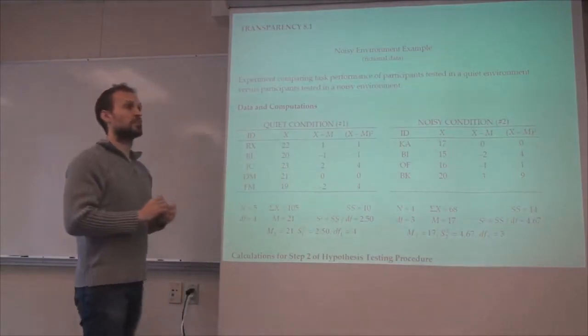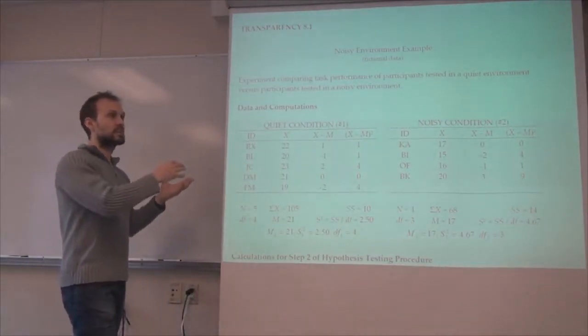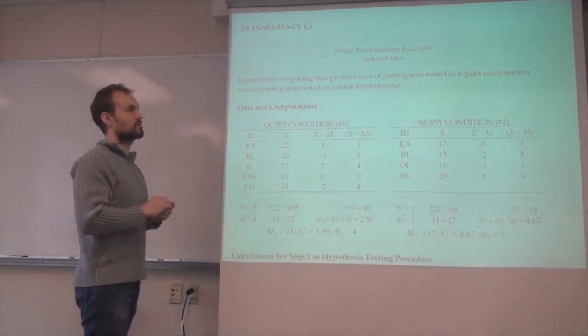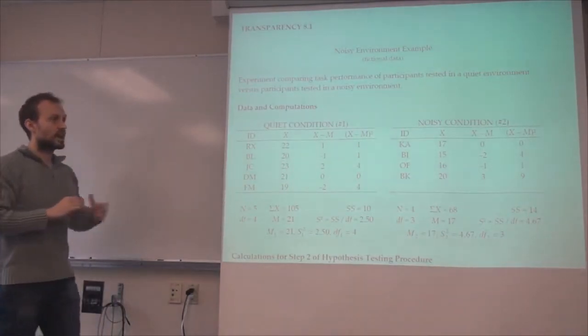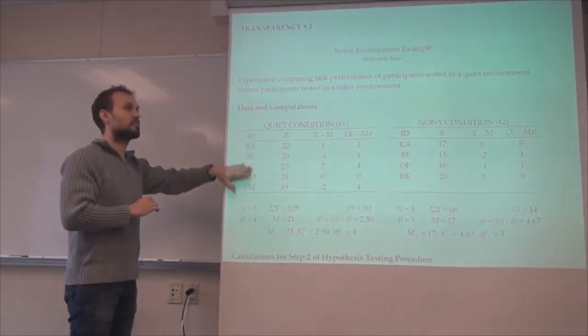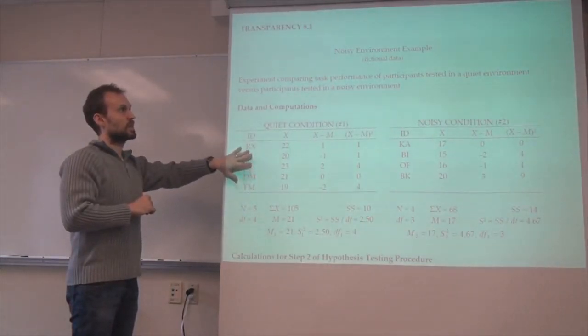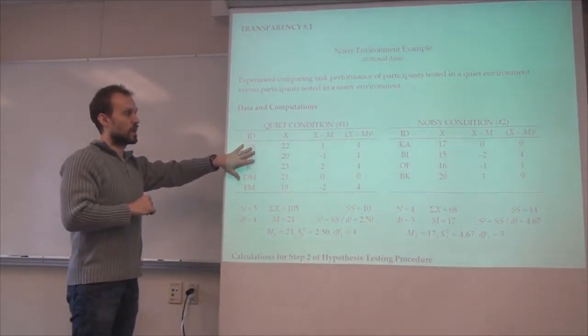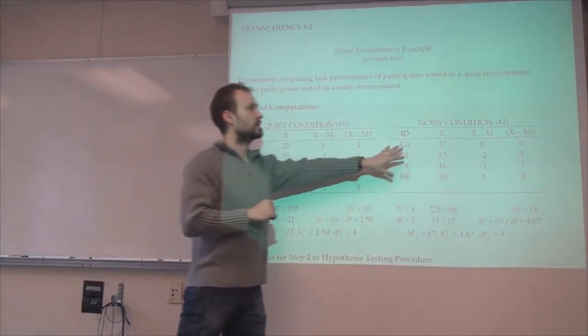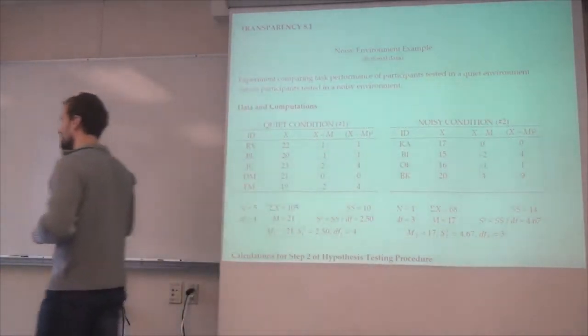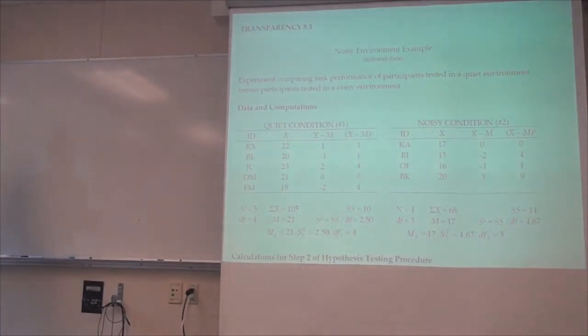So these are different people. I'm not taking the same group and putting them into two different situations. I have different people and different number of people potentially. Some of them were rated in the quiet environment and other people were rated in the noisy environment. So the groups are independent.